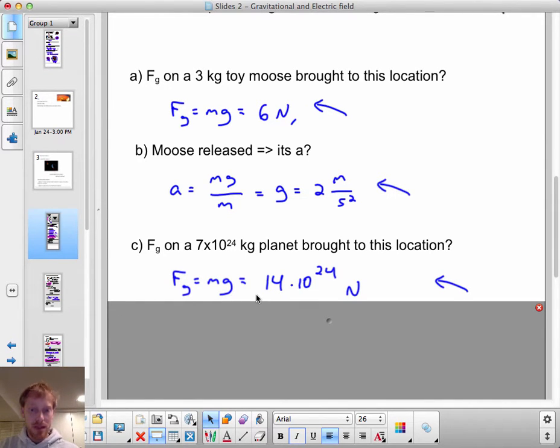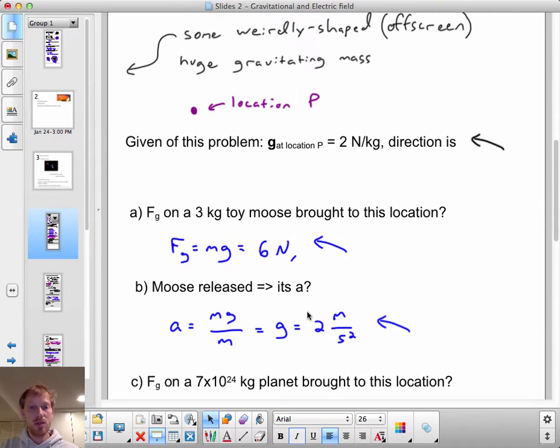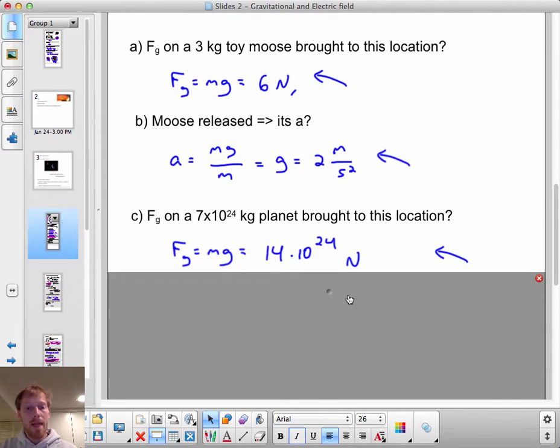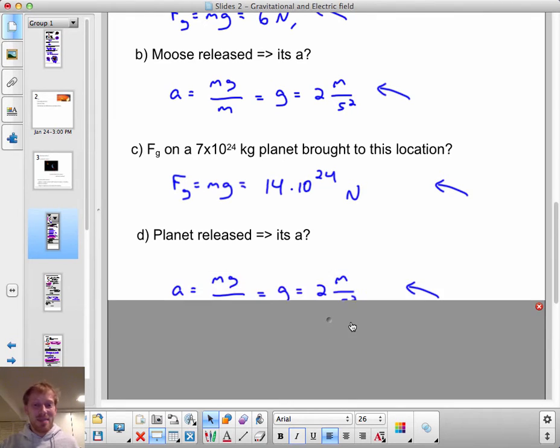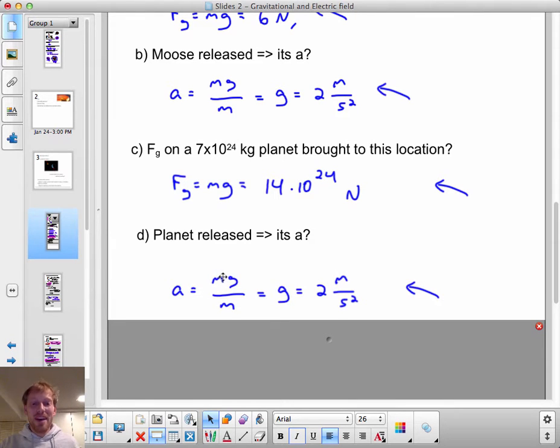In this case, it looks like 14 times 10 to the 24 newtons, and it would experience a gravitational force up and to the left, the same direction as the gravitational field. And if I bring the planet there and then release it, what's its acceleration? Well, same as with the moose. You divide that gravitational force by the mass, you get 2 meters per second squared.